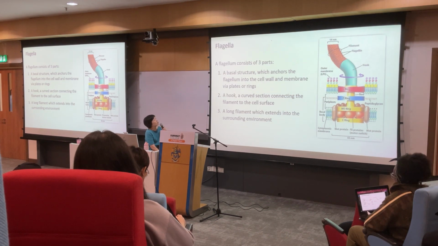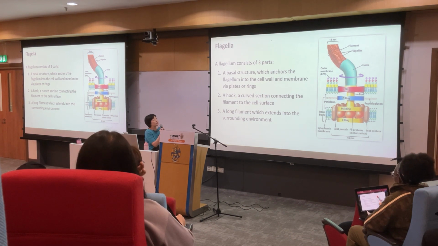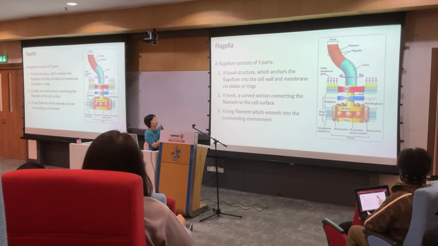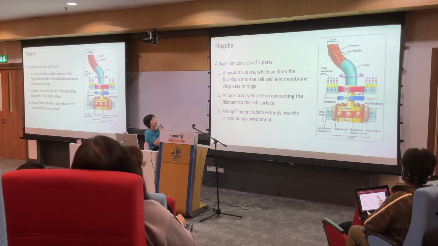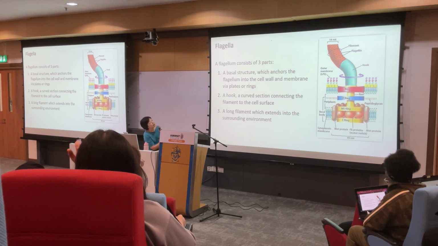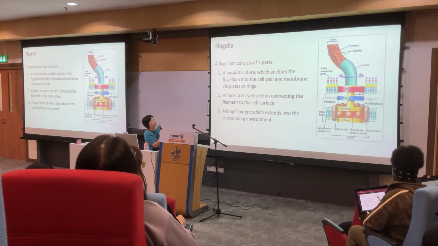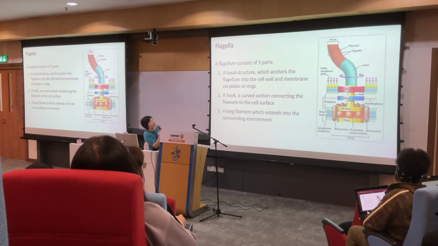Looking at the structure, it is very simple. I do not need you to memorize this diagram. It's not necessary, but I just want you to know there are three components of the flagellum. The first is the basal structure, which is totally embedded in the membrane.